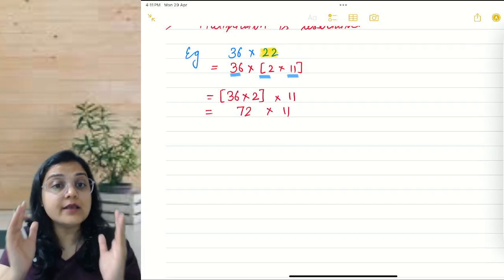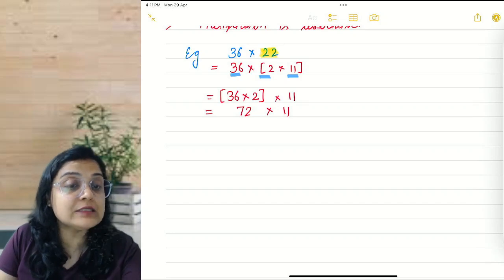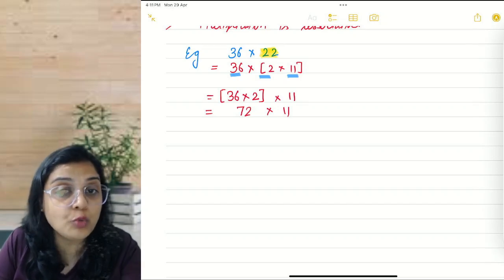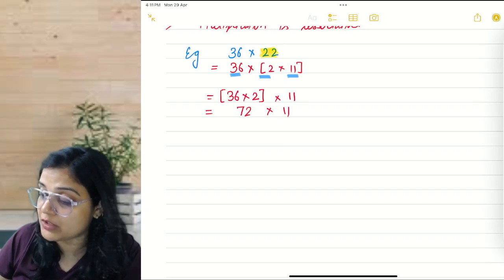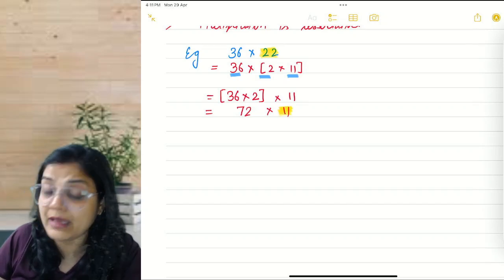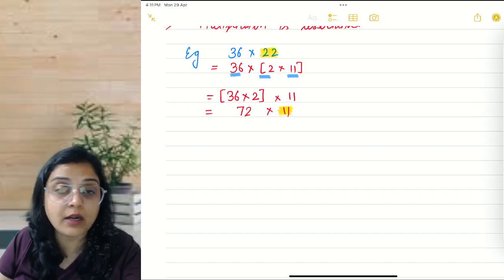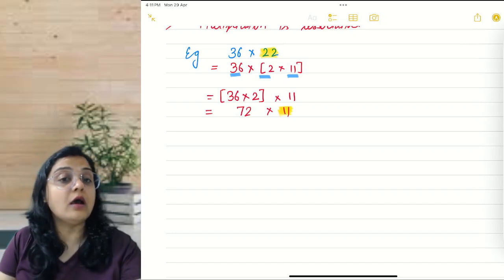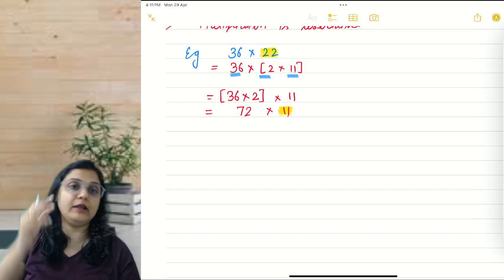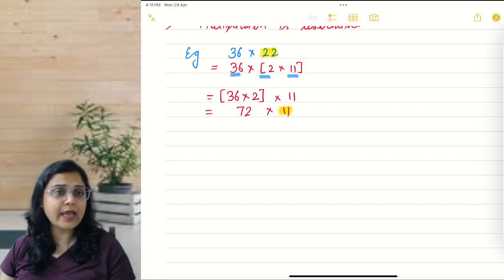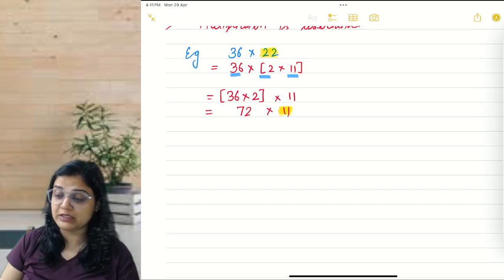At this stage, you have reached the previous lecture where you learned how to multiply a number with 11. So now I am in a situation where I have to multiply a number by 11. And since you have practiced really hard related to your previous lecture, you have done a big assignment with different levels of questions, with carry, without carry, I am sure this multiplication is going to be very easy for you.